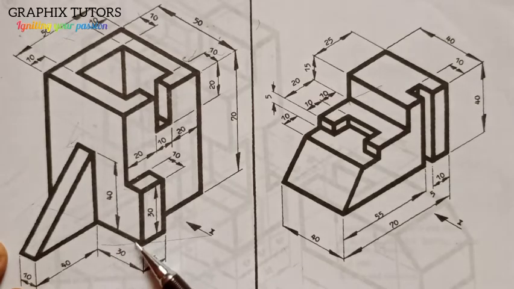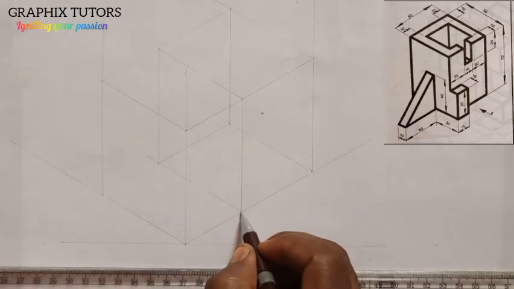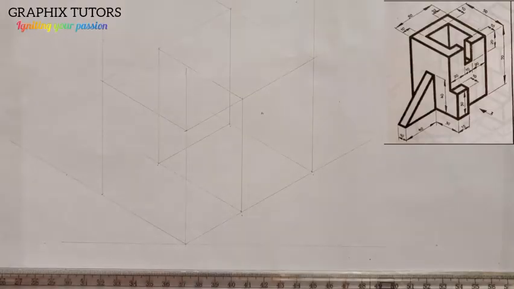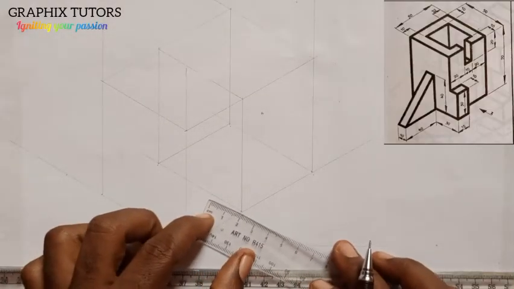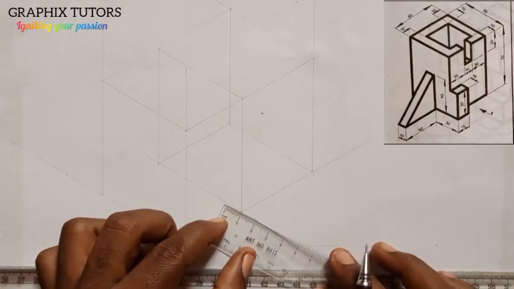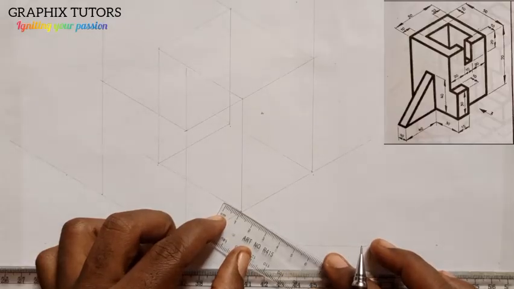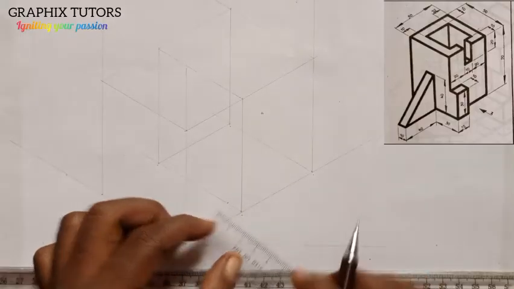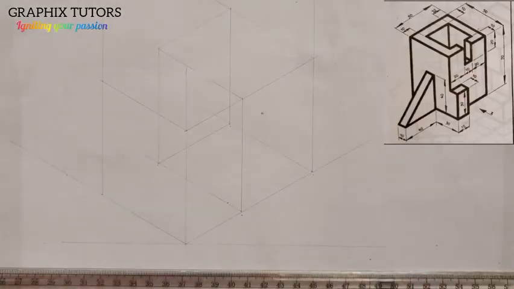So this point here you are seeing is this point. I'll measure 10 inward to remove that figure. So let's measure the 10. This is 10 here. That is the 10. So I'm going to remove that out of the figure.